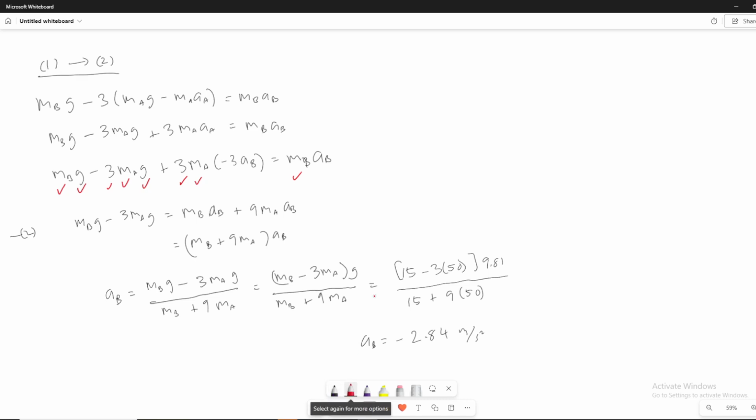If you look again, MB is constant, G is constant, MA is constant. Basically, the acceleration of B has a constant value.